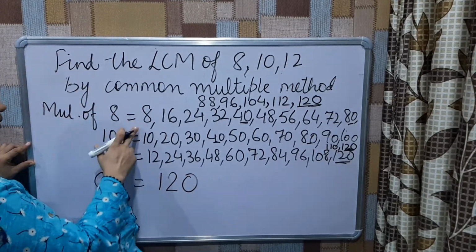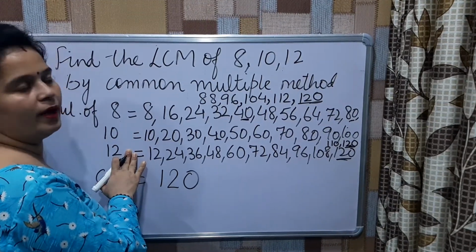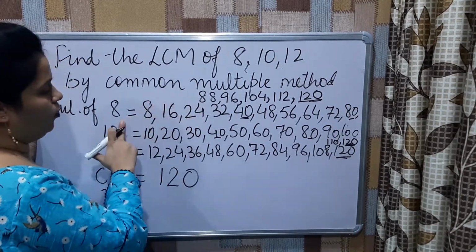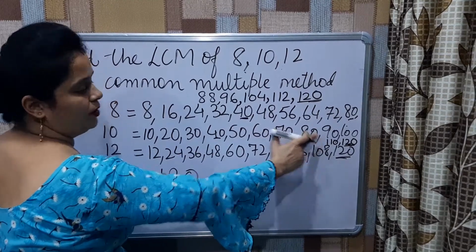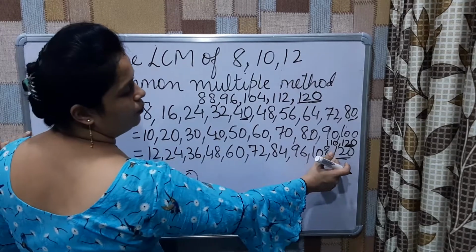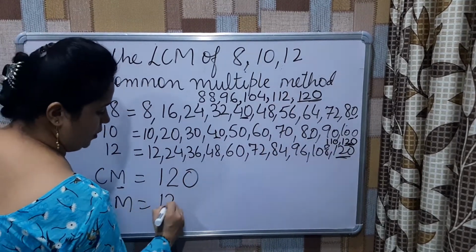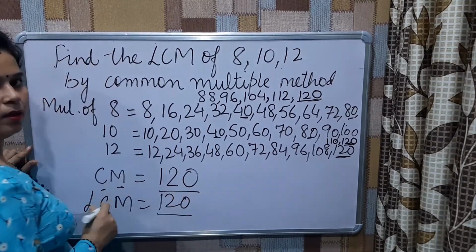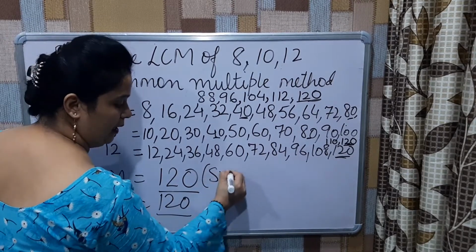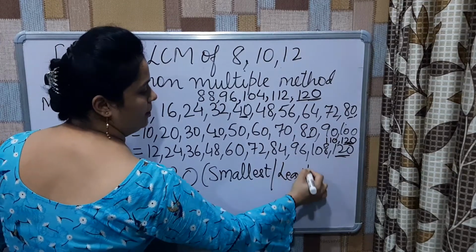First of all I wrote the first 10 multiples, but I didn't find any common multiple. So after that I wrote the next 5 multiples for 8, then the next 2 multiples for 10, and there is no need to write any multiple for 12 because I have 120, which is common among all. So LCM will be 120, because if you get only one number as your common multiple, it means that is the smallest common multiple, or you can say the least common multiple.